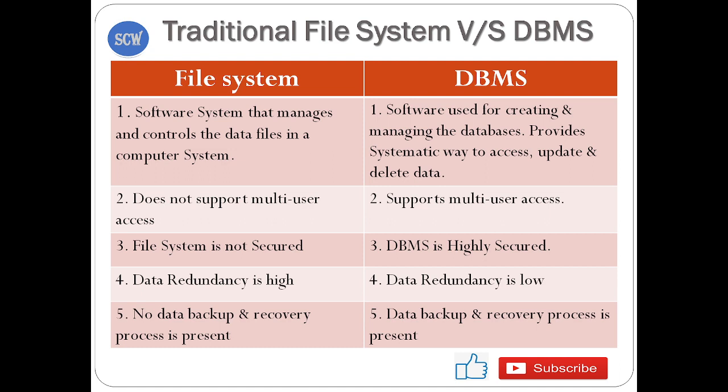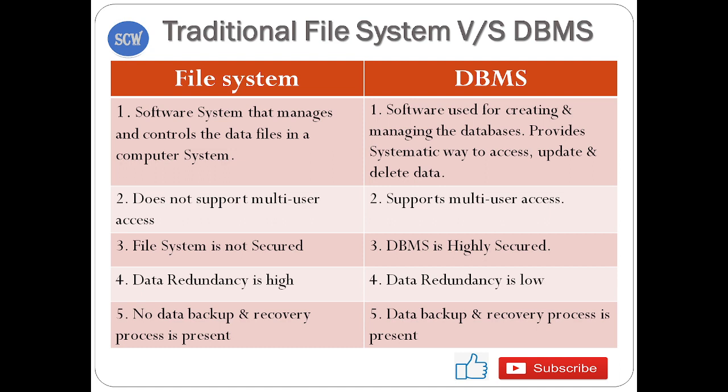Next, fifth one. What is the drawback of the file system? There is no data backup and recovery process in the traditional file system. If a student record folder is deleted in a computer, then we cannot access the data again because there is no data backup and recovery process in the traditional file system, right?